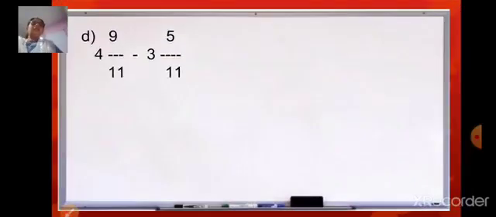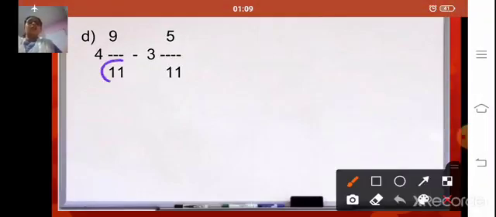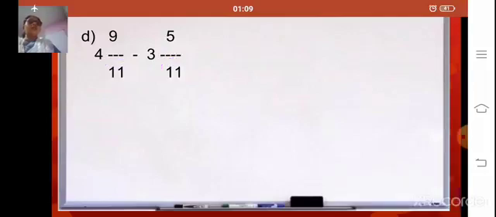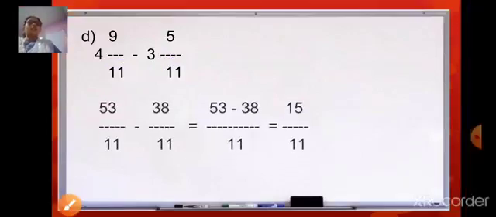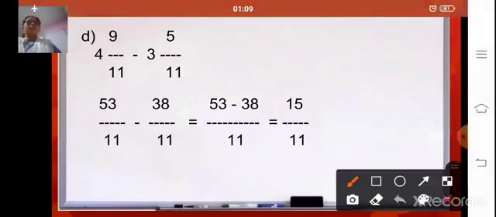Yes, coming to the next sum. 4 whole 9 upon 11 minus 3 whole 5 upon 11. Now here the denominators are same, so you can directly subtract it, or you can convert it into like fractions and then subtract it. So 11 4s is 44, 44 plus 9 is 53 upon 11. Now 11 3s are 33 plus 5, that is 38 upon 11.